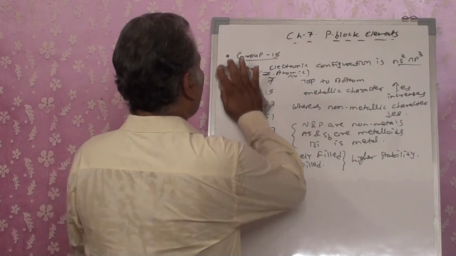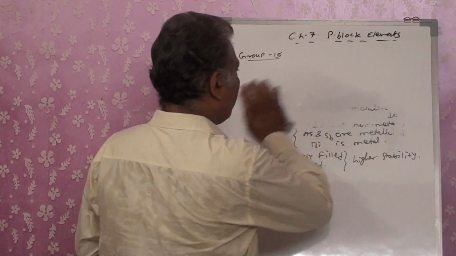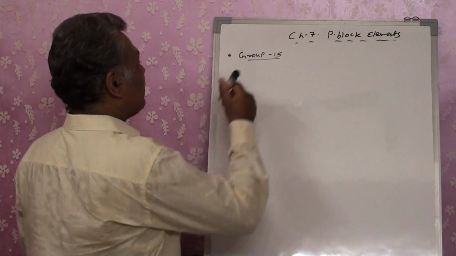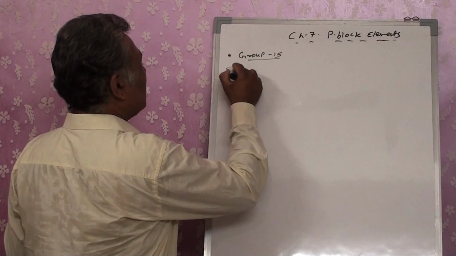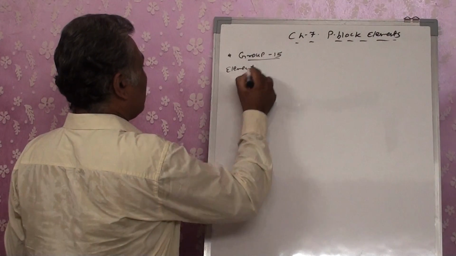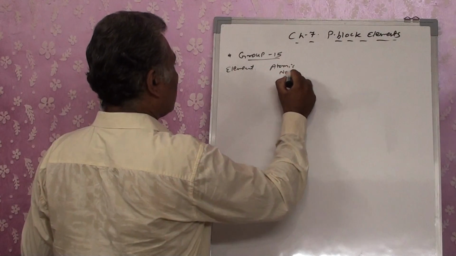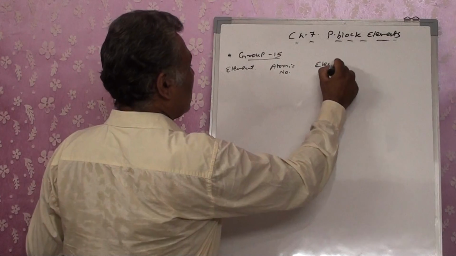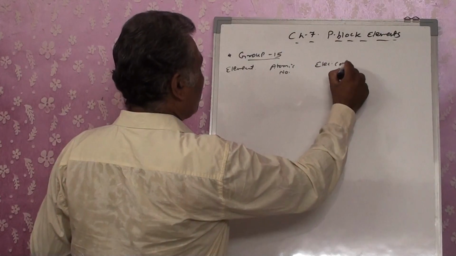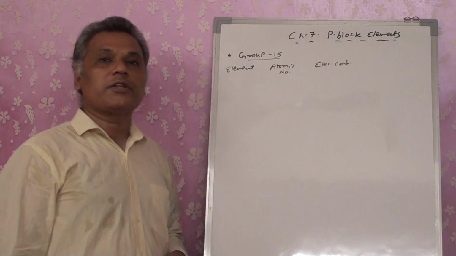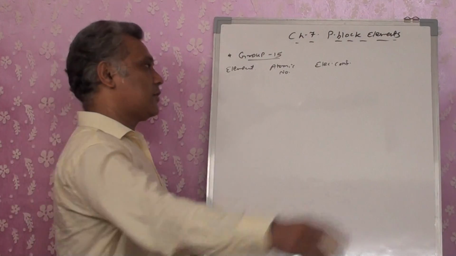But before going for the trend, we'll write down the atomic number and electronic configuration of all these elements. Once we write this, it will be much easier for us to understand all those factors, right?